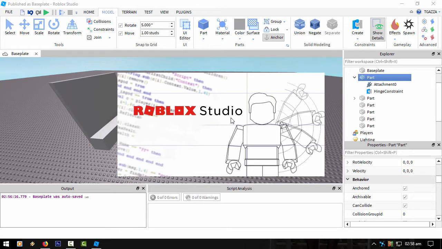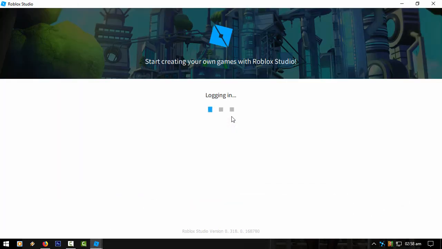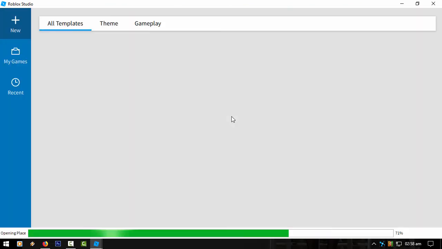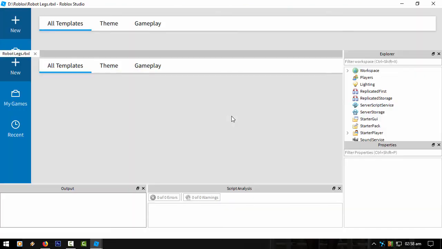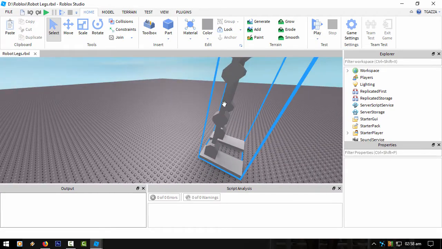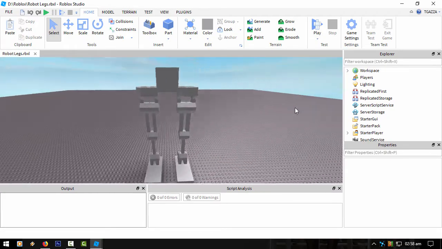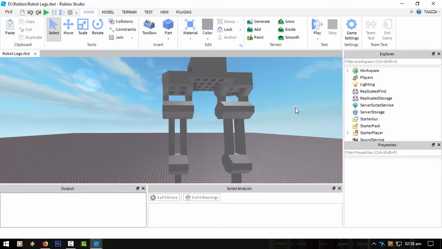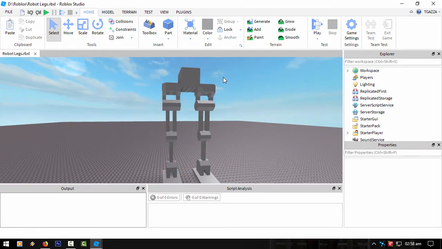And this is another little bug. I don't know if they fixed it yet, but these legs that I've made in Roblox, they sort of glitch out when I load. All these parts are attached with constraints, hinge constraints of all things, where they can rotate like a normal leg.